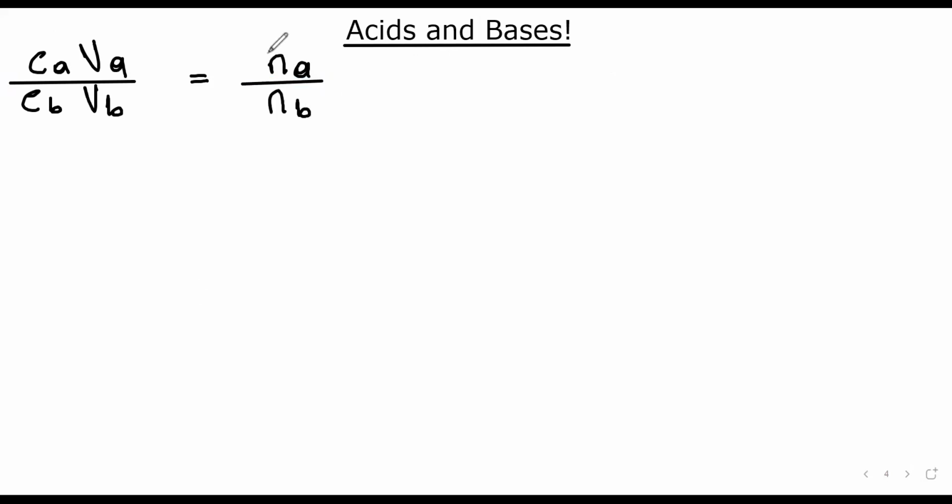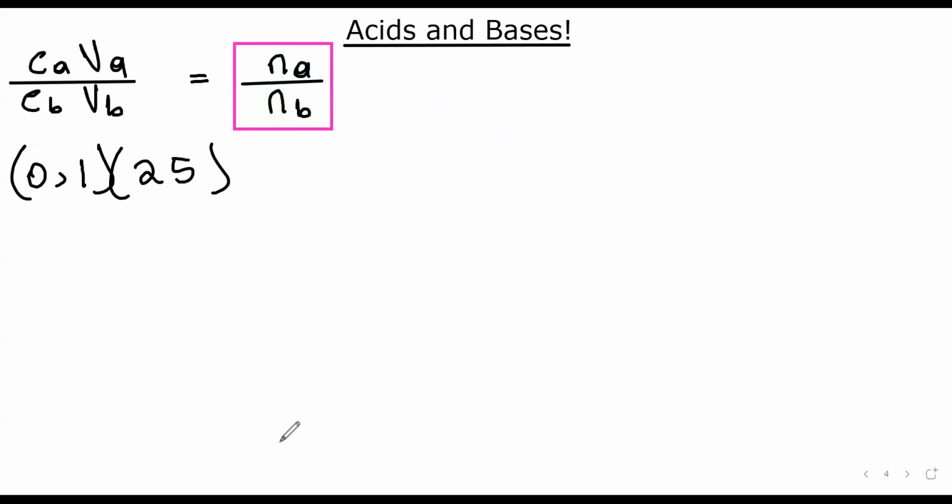And remember that these ones we get from the mole ratio in the balanced chemical reaction. So here it told us that the acid has a concentration of 0.1 mole per cubic decimeters. And in both of these experiments, the runs, we used 25 cubic centimeters of the acid.